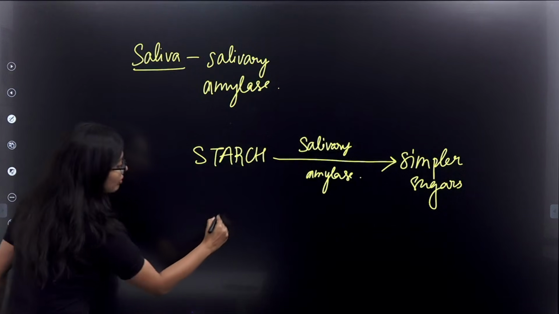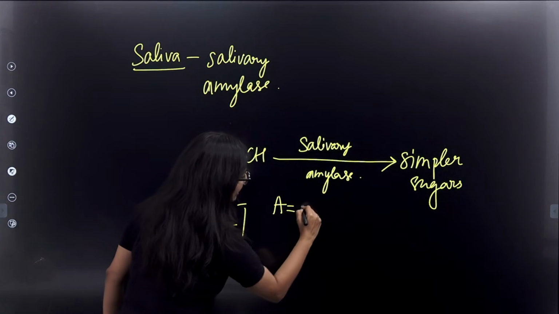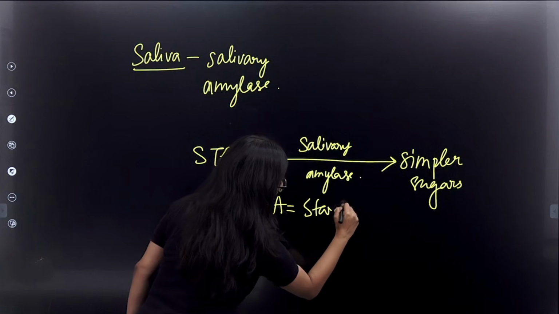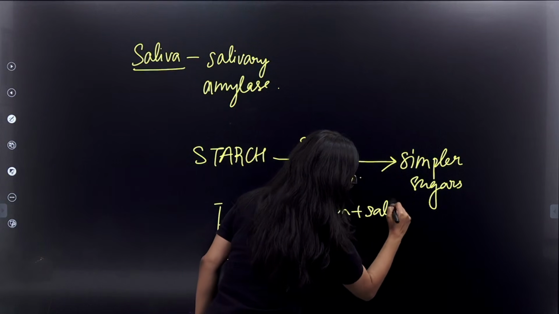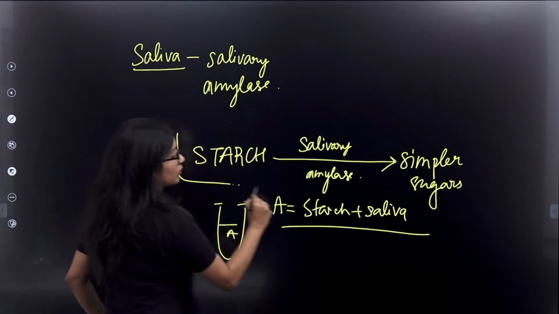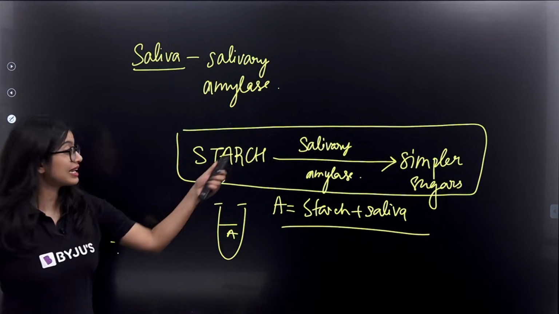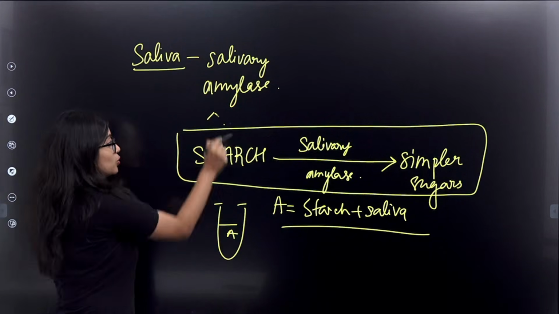So in test tube A, what did I do? My test tube A not only had starch, but it had saliva. So because it had both starch and saliva, this reaction happened, which is why starch is not present.